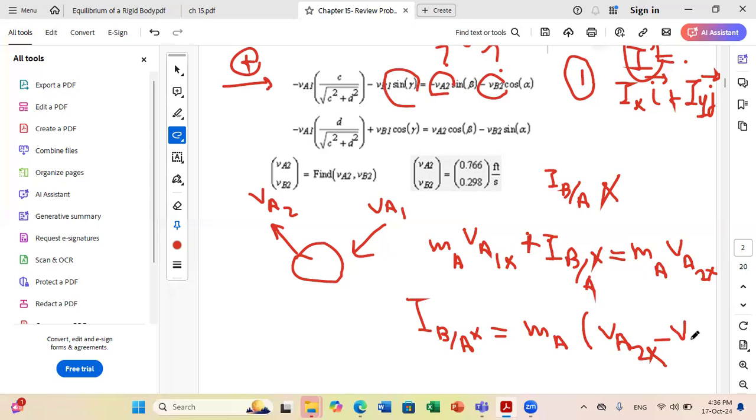If we write the principle of impulse and momentum in y, we obtain a similar relation, but instead of x, we put y.